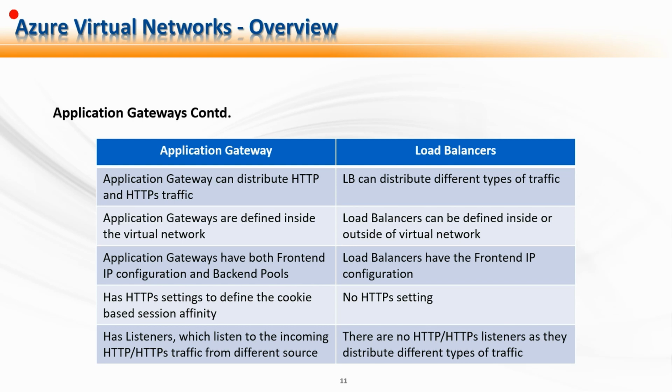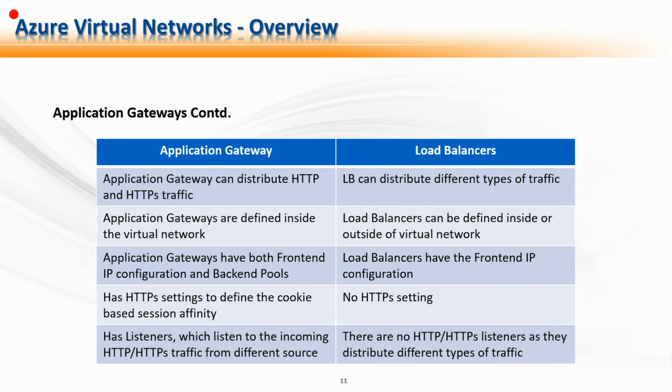If this does not happen, imagine that the requests from user A are directed to different servers, where the session is lost and the data is also lost. That will not be good, right? So that is the reason application gateway comes into the picture. They are helpful in those cases where we need the cookie-based session affinity.